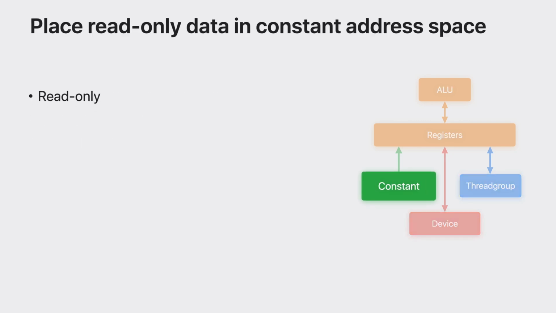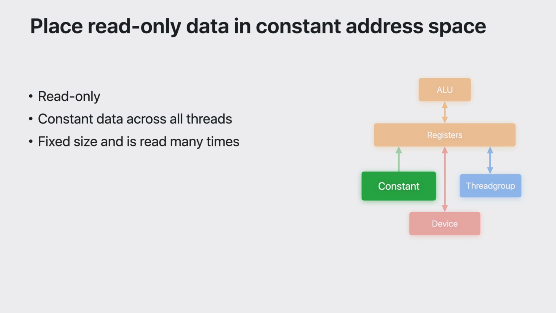Constant address space allows you to create memory objects that are read-only. These accesses are optimized for data that is constant across all threads of a dispatch or draw. If the size of the object is fixed and if the object is read many times by different threads, then create those objects in constant address space.